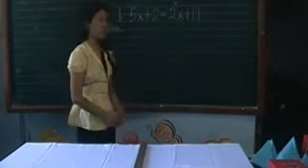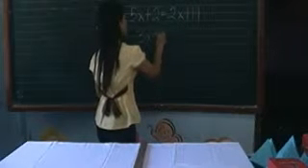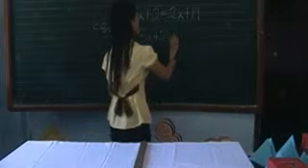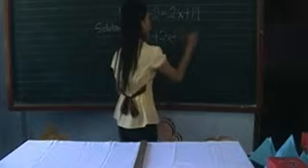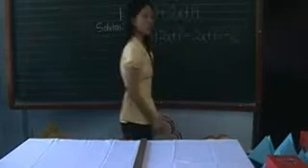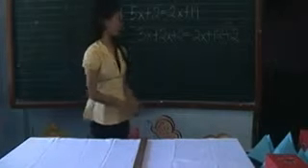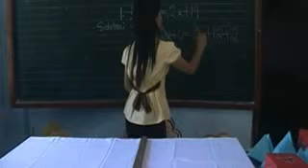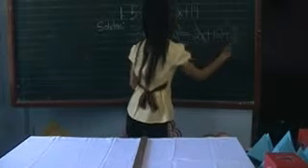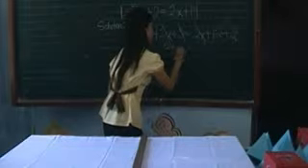By rewriting the equation, we will have 3x plus 2x plus 2 equals 2x plus 12 plus 2. By eliminating common elements on both sides, we will be left with 3x equals 12.